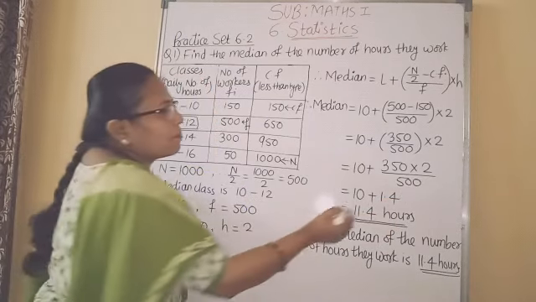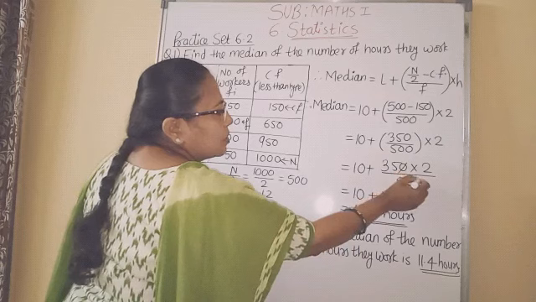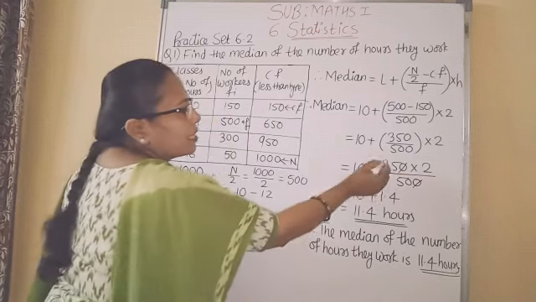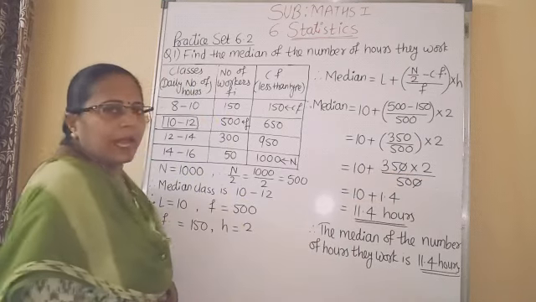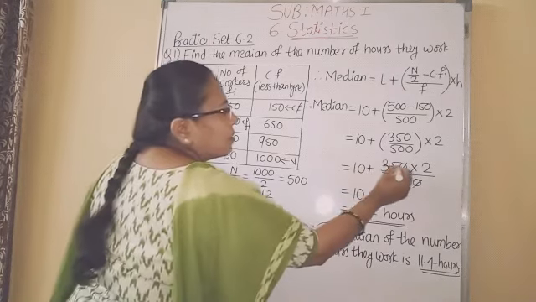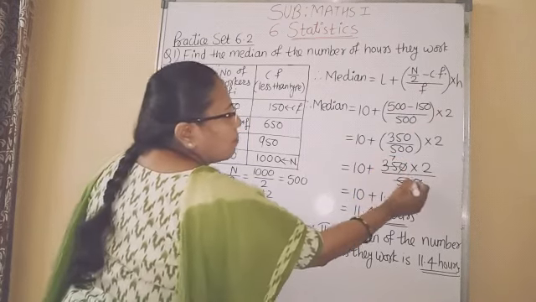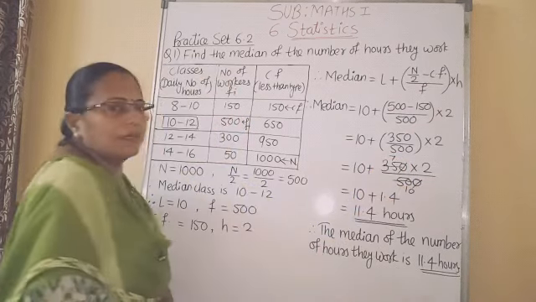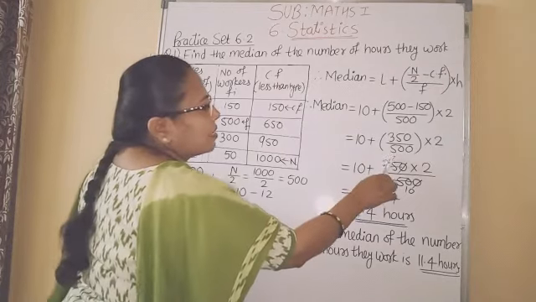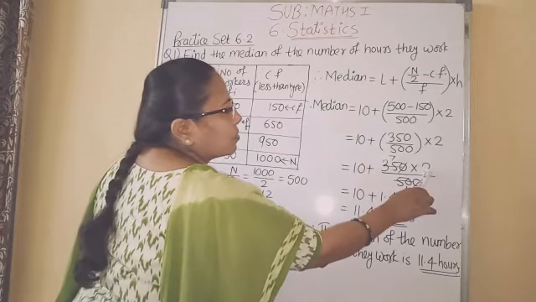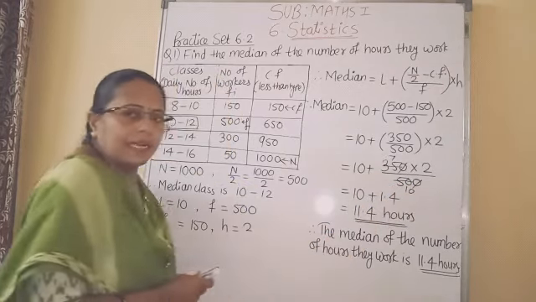Now simplify this. First cancel this 0. Then 35 and 50 are divisible by 5. 5 7s are 35. 5 10s are 50. So here we got 7 into 2. 7 2s are 14. 14 upon 10.